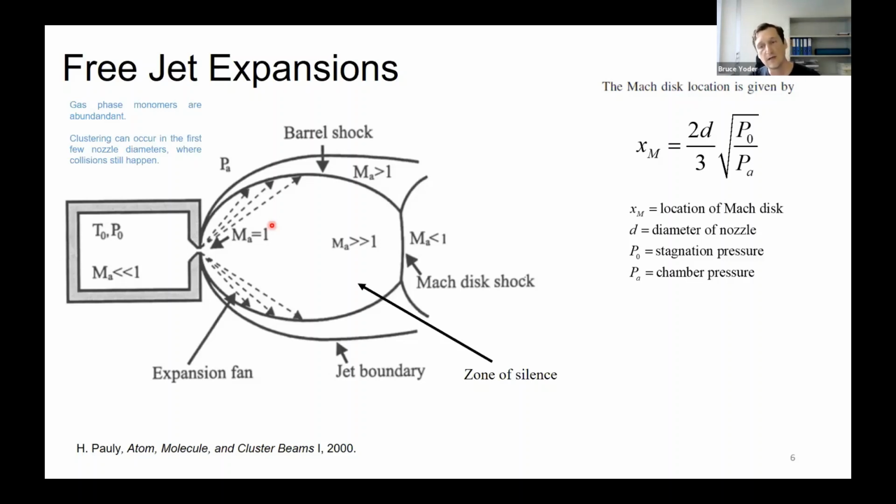The expansion is recompressed by a series of shock waves at the jet boundary, called barrel shock here. And consequently, the cross-sectional area of the expansion decreases and the pressure increases. At the so-called Mach disk, compression waves reflected from the jet boundary intersect, and the initial pressure, Pa, is reestablished by a shock wave normal to the expansion propagation.